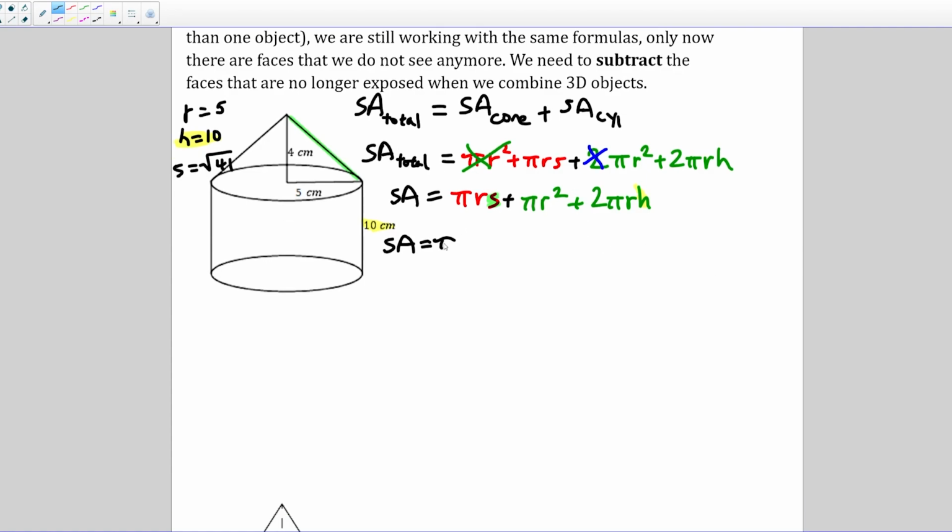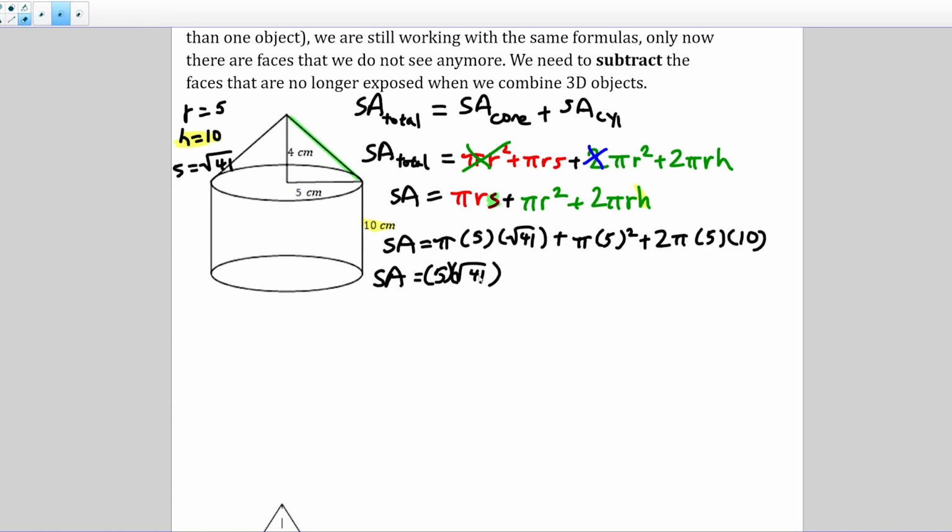So I've got pi times 5 times the square root of 41 plus pi times 5 squared plus 2 times pi times 5 times 10. And because I love simplifying so much, I'm going to go ahead and simplify this just a little bit. So I've got 5 times the square root of 41.